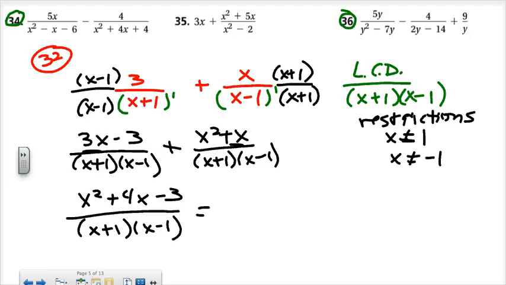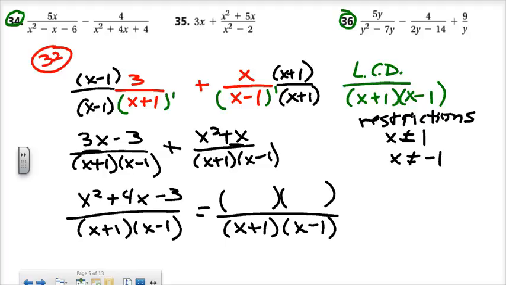Now that everything's together, the question becomes, can you simplify this? That means only at the last minute will we try factoring our numerator to see if we can cancel something out with the denominator. So there's no common monomial factor in my numerator, and it's not a perfect square.